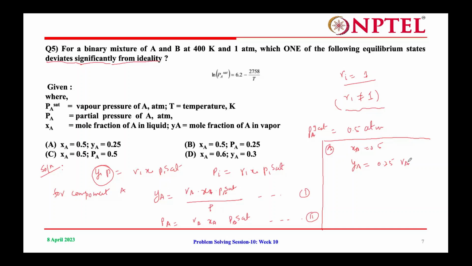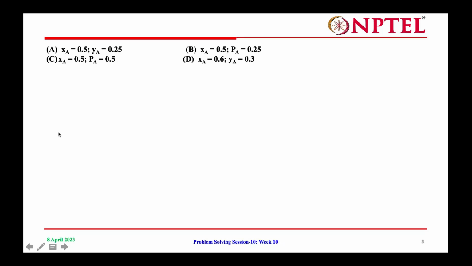Now y is given as 0.25, so gamma is equal to 1. So this is an ideal solution, right? Now check option 2, option B.